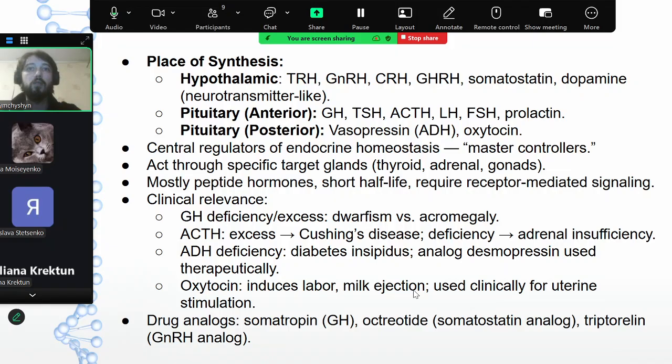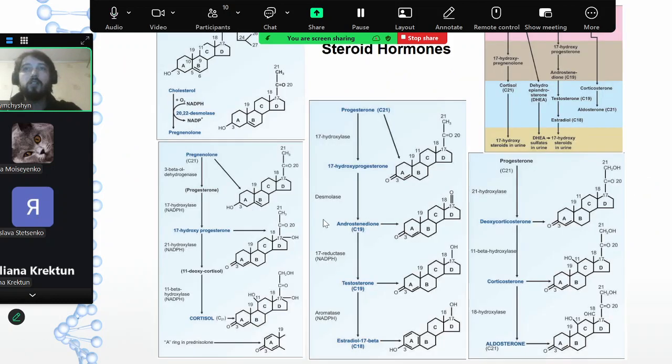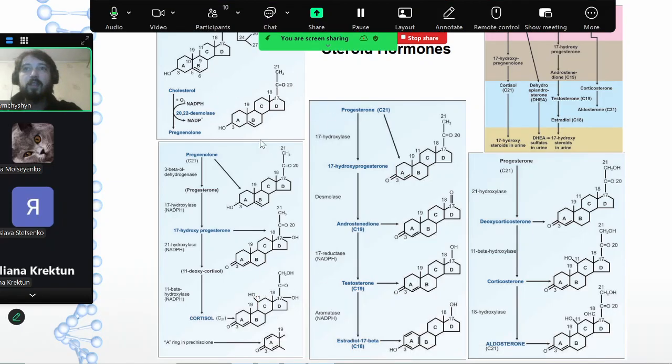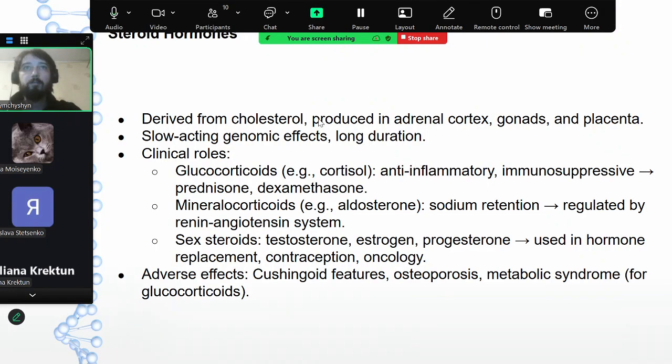So what happens if you have, for example, deficiency or excess of growth hormone, you get dwarfism or acromegaly, and so on. Here is the pathway of synthesis for steroid hormones. You see, they all start with cholesterol, and I hope you know what cholesterol is, and here is the example of the pathway. How do we get all these hormones?